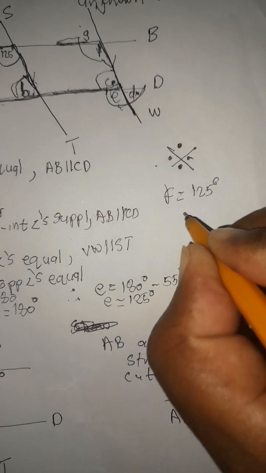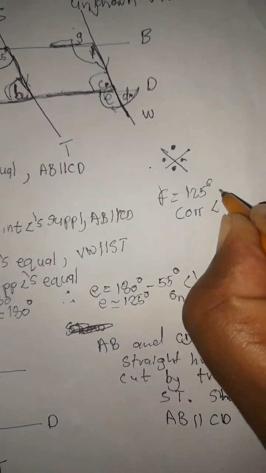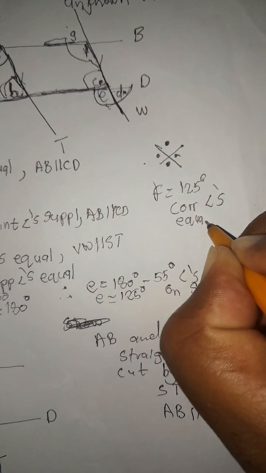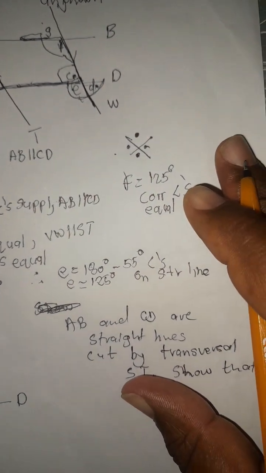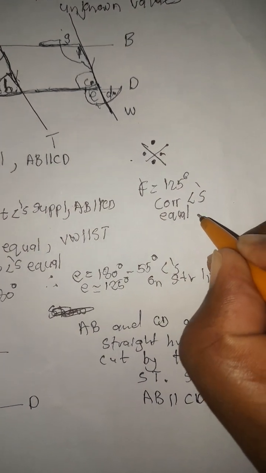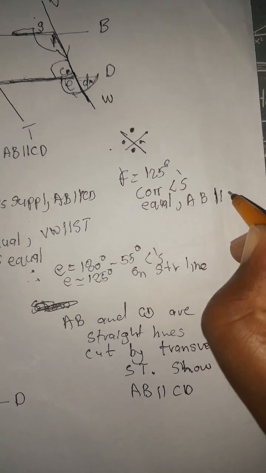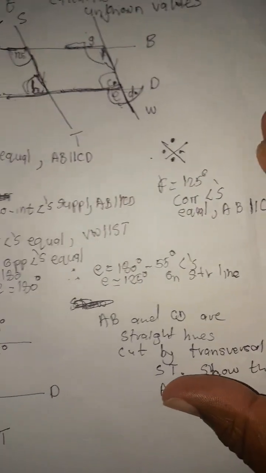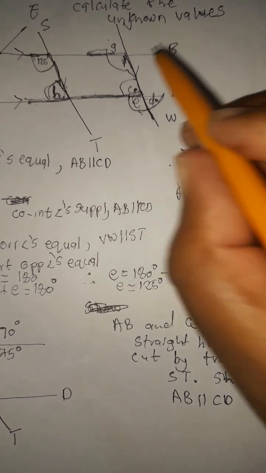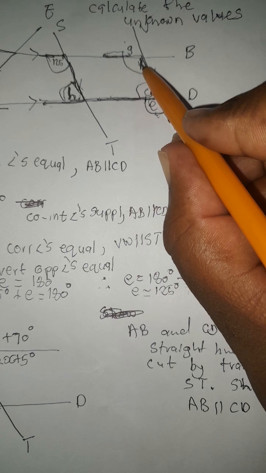They're corresponding. So F will be 125, corresponding angles equal, under which lines? Under AB, which is parallel to CD. Right, I hope I did put some light on you. So we already know that F is 125.